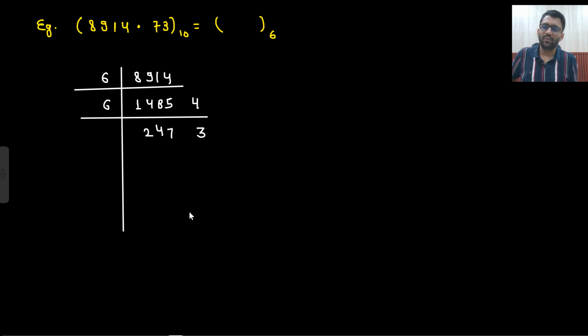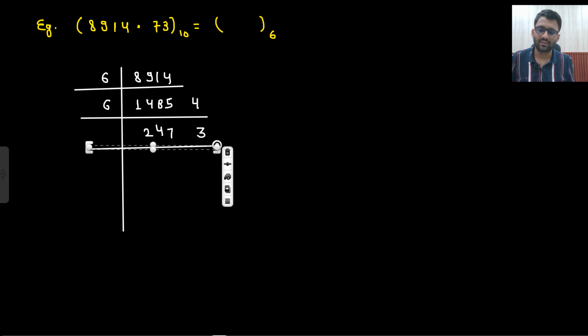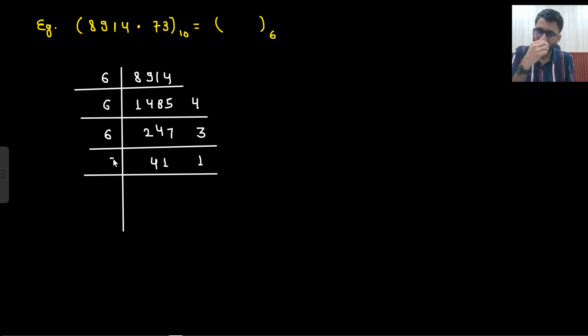247 into 6 plus 3. 485. Again 6, then again 6. 6 1 is 6 and 0 remainder is there.